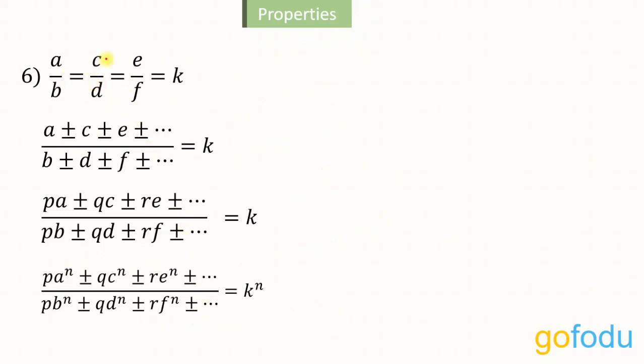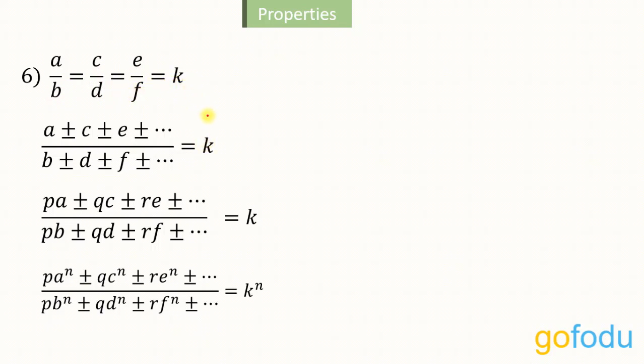If A, B, C, D, E, F are in proportion, if A upon B is equal to C upon D is equal to E upon F, then if you add all the numerators, A plus C plus E and so on, and you add all the denominators, B plus D plus F and so on, the ratio remains unchanged. Okay, the ratio will remain K only.